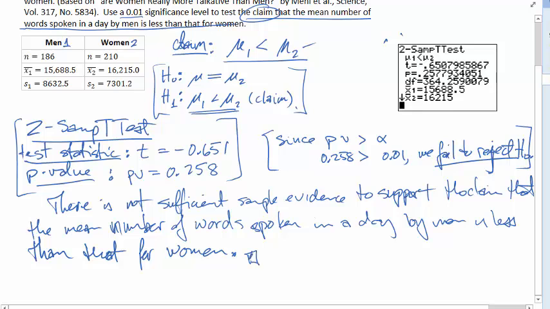The safest thing to do is to write exactly what they have written as their claim, word for word. So this is our conclusion, and that's the end of this problem. Okay, I hope this helps.